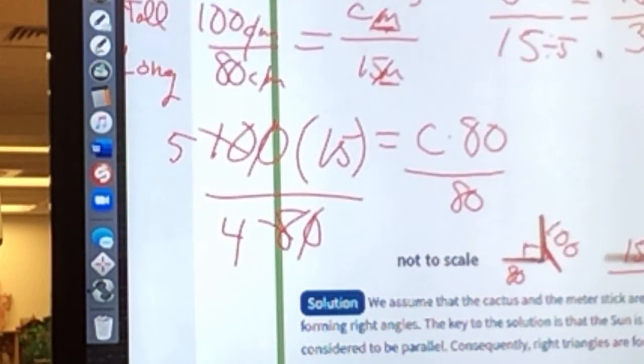Okay, so let me back all the way up. If we do it as a proportion, this is what we have. I'm going to write it a little differently. So if we do it as a proportion, that's what we have.